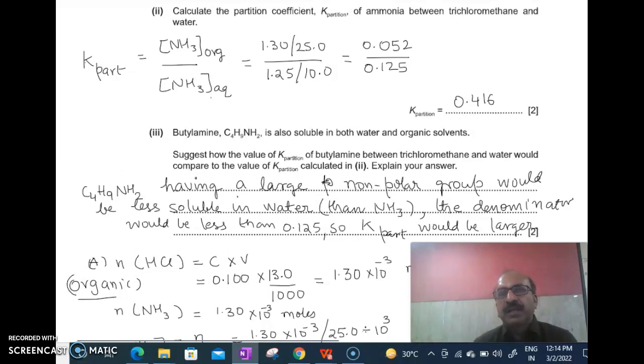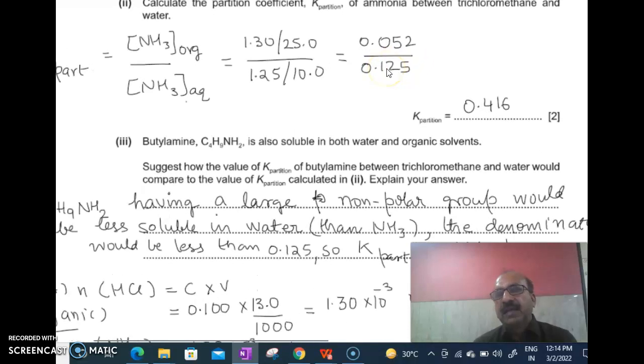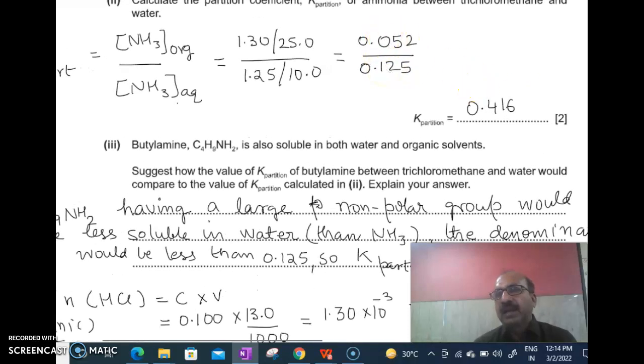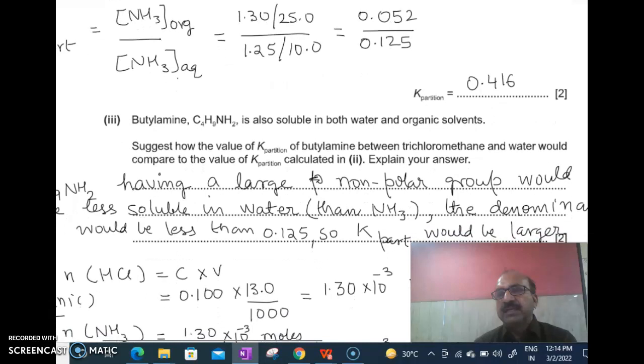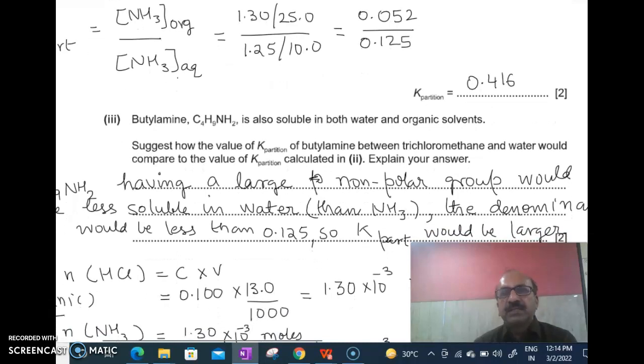This clearly indicates that ammonia is more soluble in the aqueous layer than in the organic layer. So this tells us how ammonia gets distributed between the two layers. That is how we have to work out the concentrations.